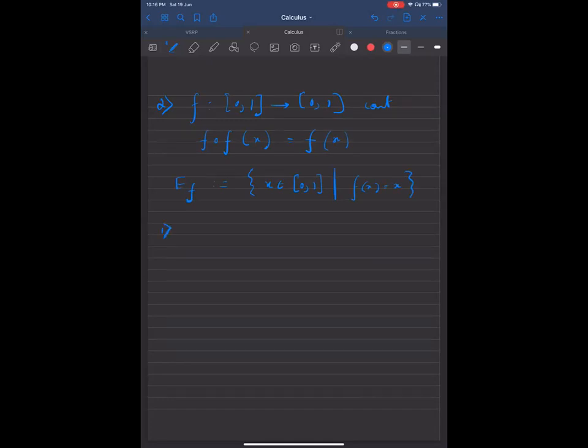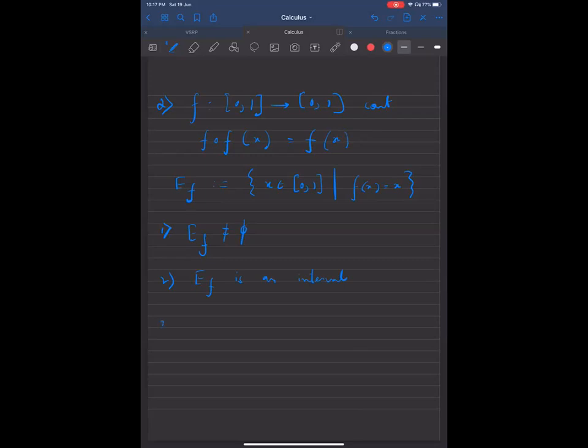So first prove that E_f is non-empty. This is called the Brouwer fixed point theorem. So you can just prove it and then try to prove that E_f is an interval.